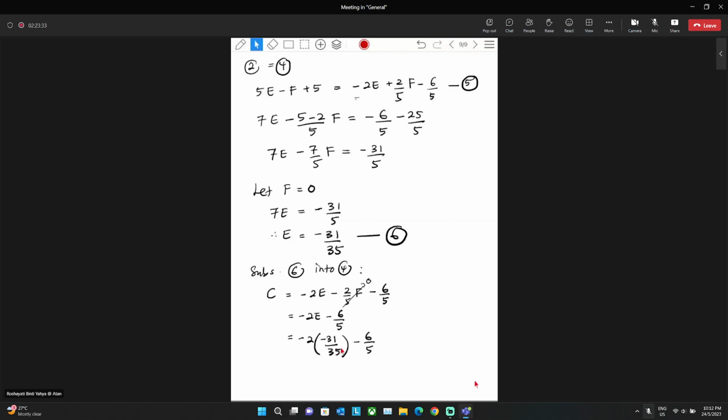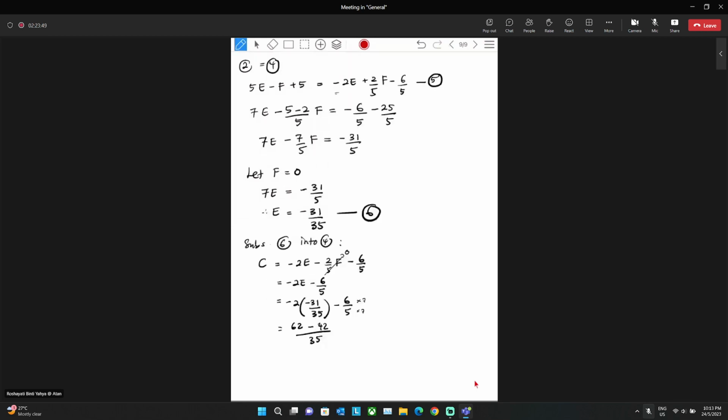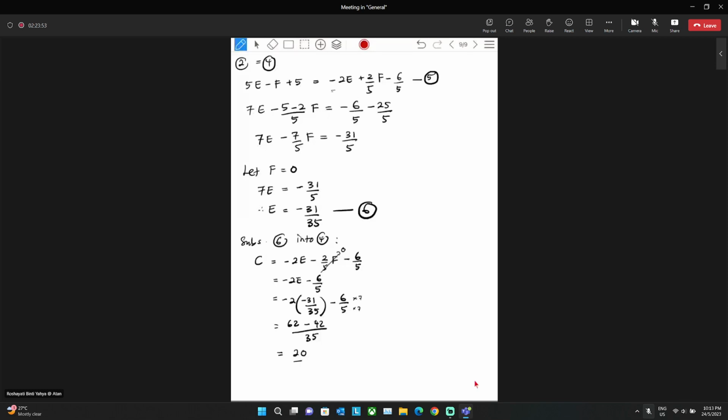So 31 multiplied by 2, 62. So minus 42 over 35, then your C becomes 20 over 35 equal to 4 over 7.